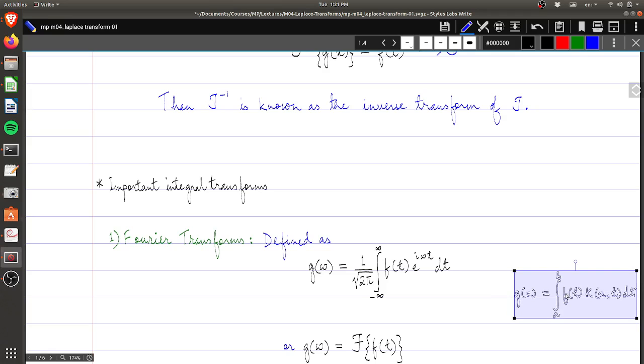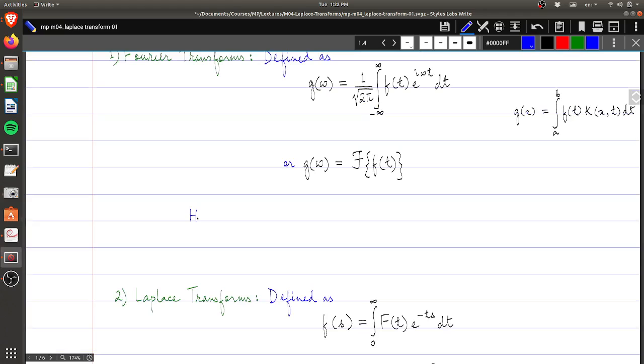So what do we have here? What is the kernel function? The kernel function is a function of x and t, both the variables. So what are the variables here? The variables are omega and t, right? So the kernel function is a function of omega as well as t.